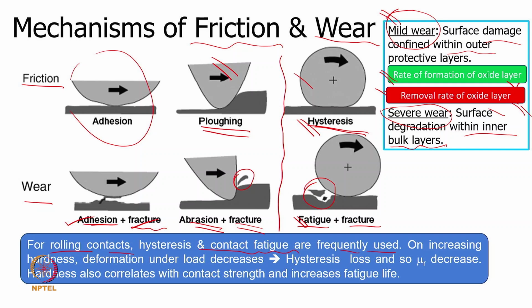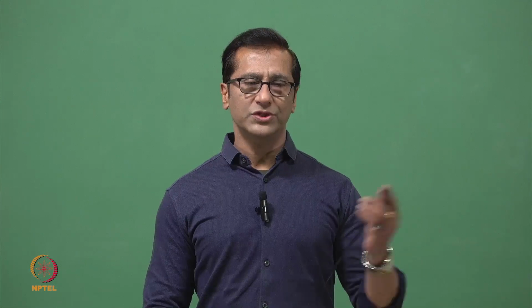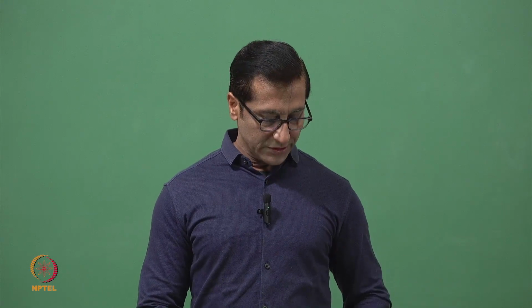In the rolling case, these two terms, hysteresis and rolling contact fatigue, are more frequently used. Now in this particular situation, on increasing hardness, deformation will decrease. In a sliding case too, increasing hardness reduces wear rate, but in rolling contact this really helps more. Hardness, I will say, tries to minimize deformation in whichever manner you can. Lesser deformation gives better results.